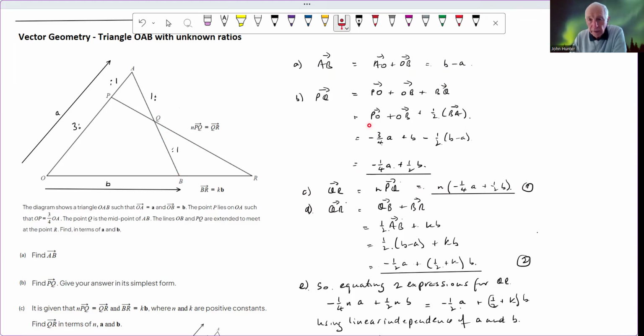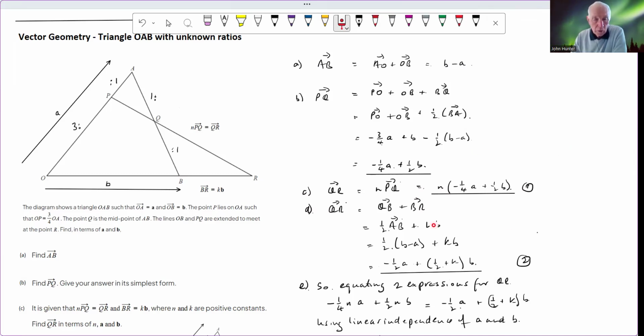So we've got PO plus OB plus half of BA, so that's minus 3/4 A from PO, plus B, and then minus half of B minus A, because we're going in the opposite direction to AB. We're going from B to A, but just halfway of that journey to Q. We simplify that and get this expression: minus a quarter A plus a half B.